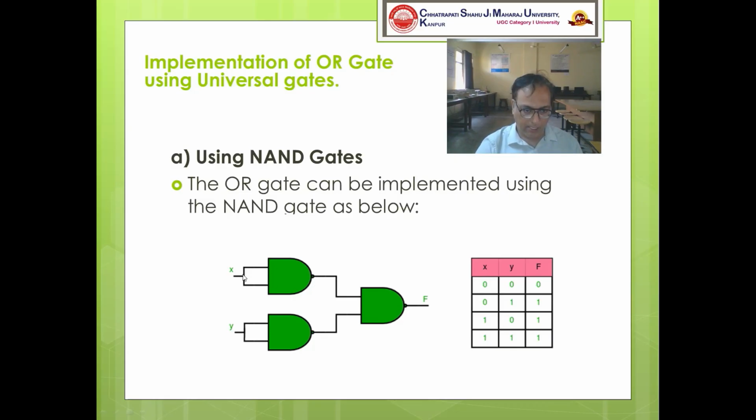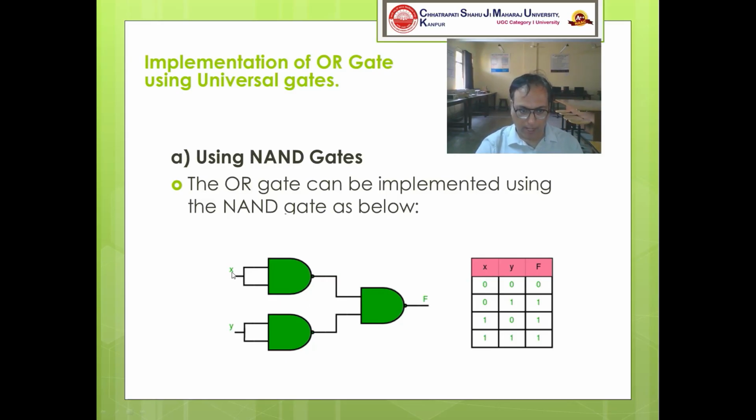Here, if X is 0 and Y is 0, so these two inputs are 0, the first NAND gate output will be 1. Similarly, the second NAND gate output will be 1. With these two 1 and 1, the final output will be 0. Now let us see the second row. When X is 0, the first NAND gate's output will be 1. The second NAND gate output for input 1 will be 0. With 1 and 0, you will get 1 as output.